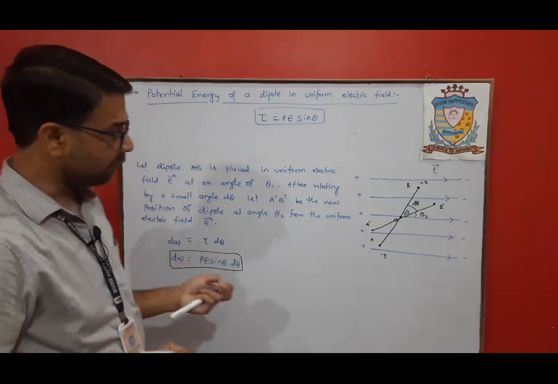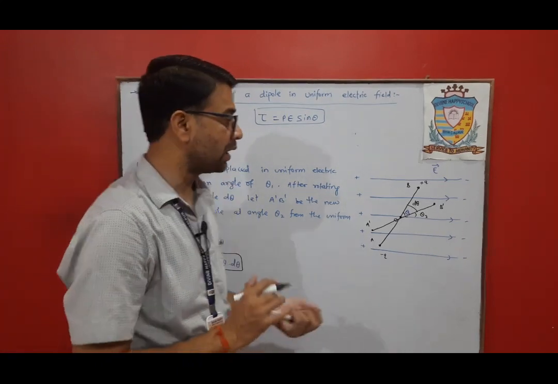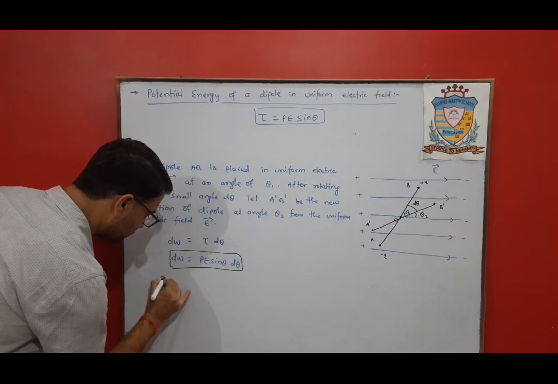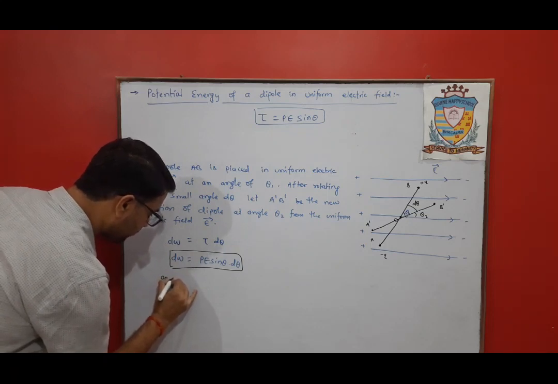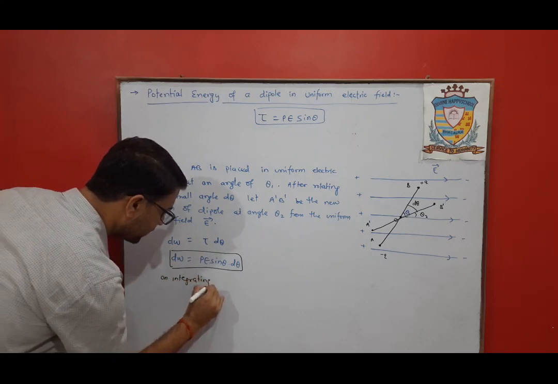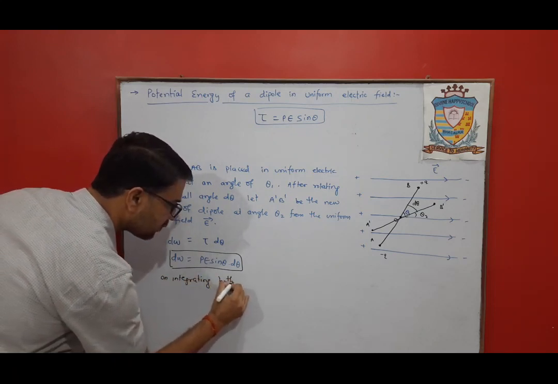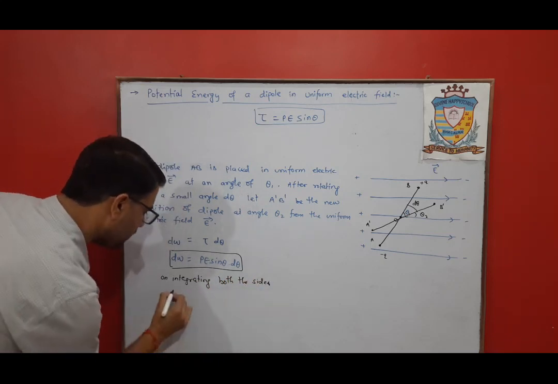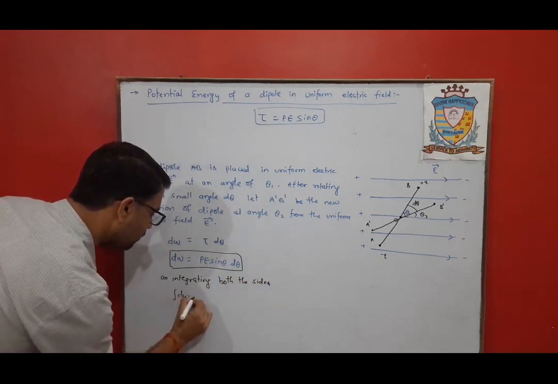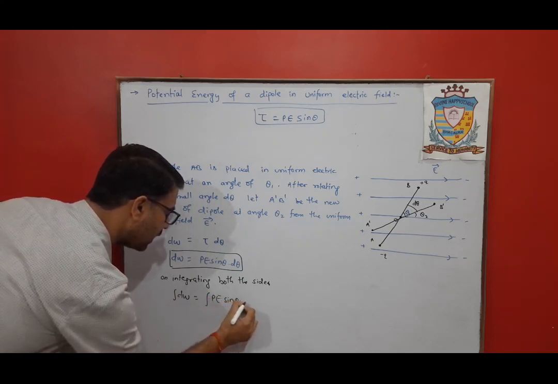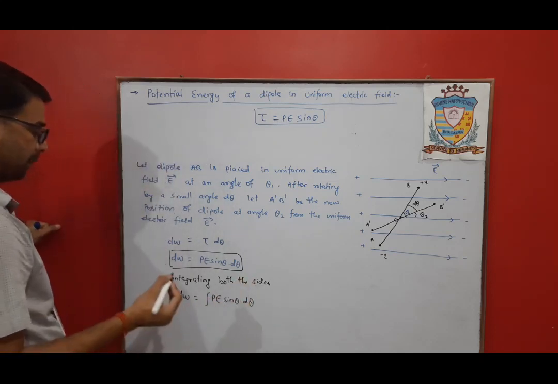This is the small work done, dW. And if we have to calculate the total work done, what we'll do? We'll simply integrate both the sides. So on integrating both the sides, dW is equals to PE sin theta into d theta.